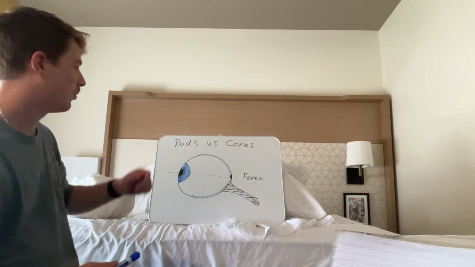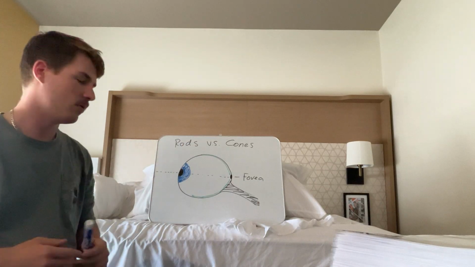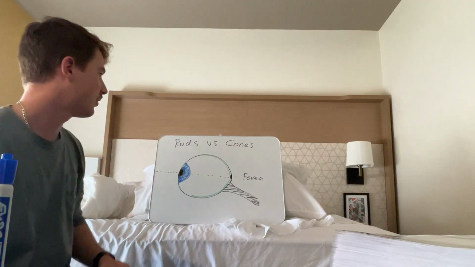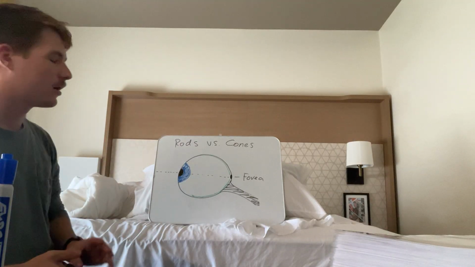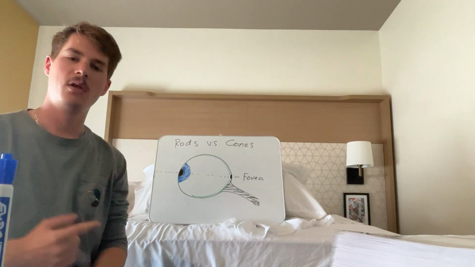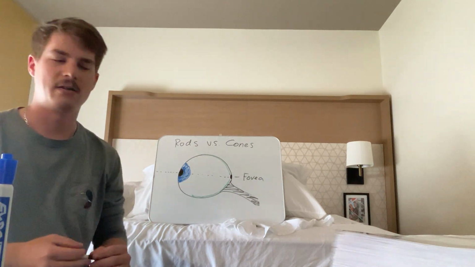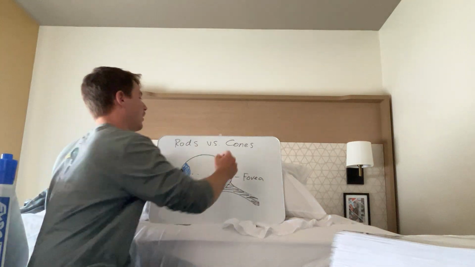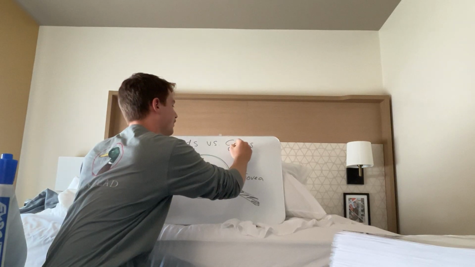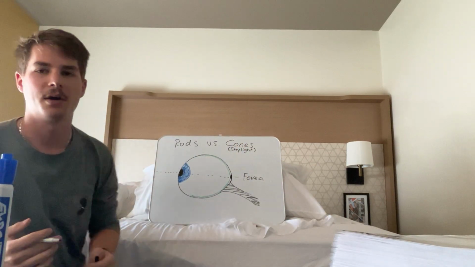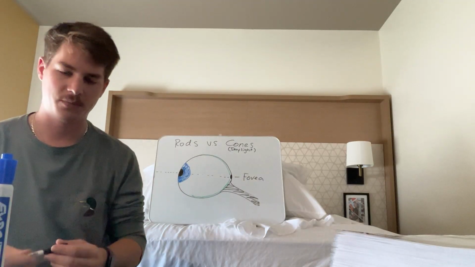So going back to our cells, rods versus cones. What are the characteristics of rods and cones? Well, cones are going to be used more for daylight, for well-lit color situations.